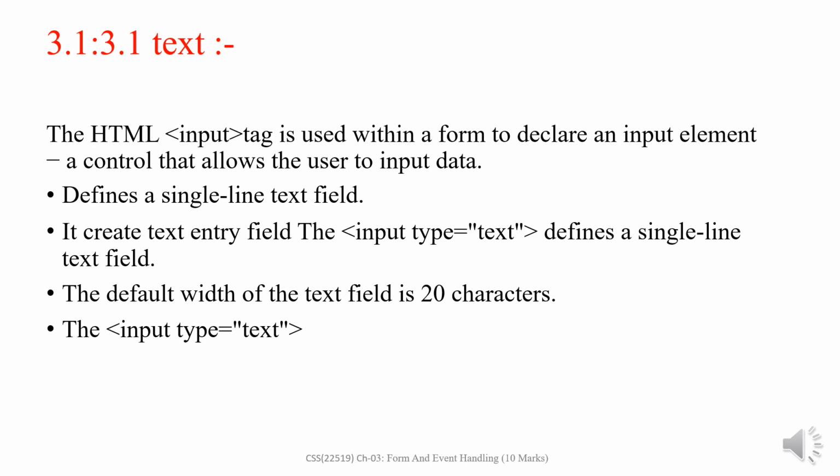It creates a text entry field. The input type is equal to text, and it defines a single line text field. The default width of the text field is 20 characters, and the syntax is input type equal to text. This is the syntax for the text.